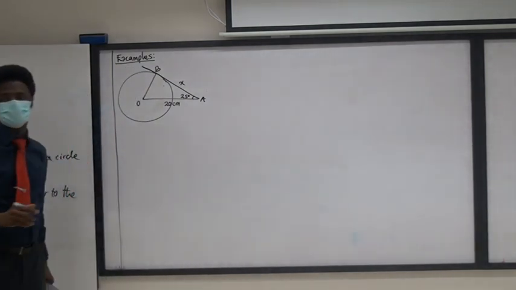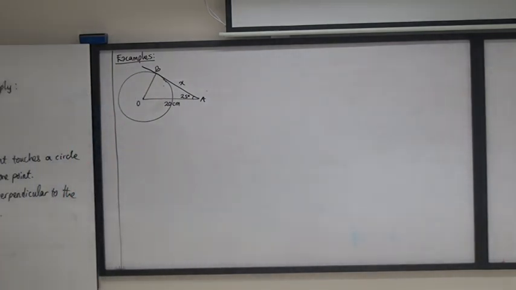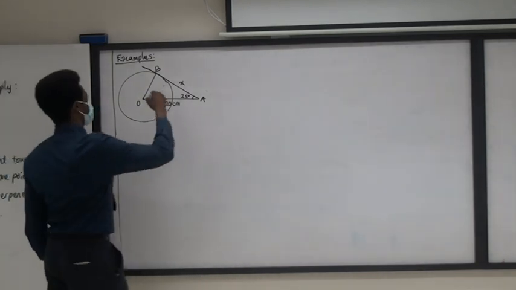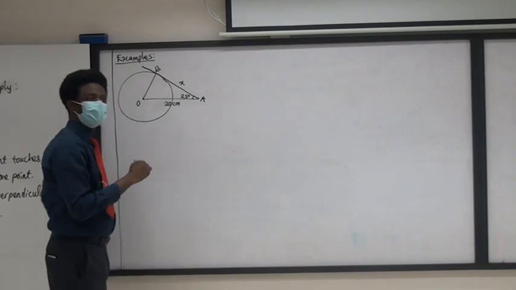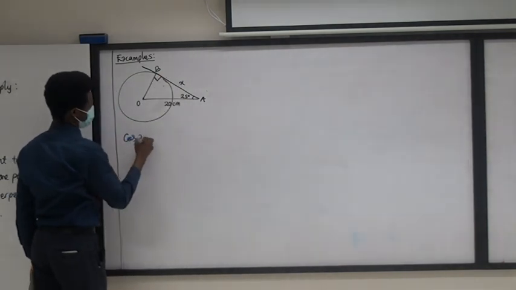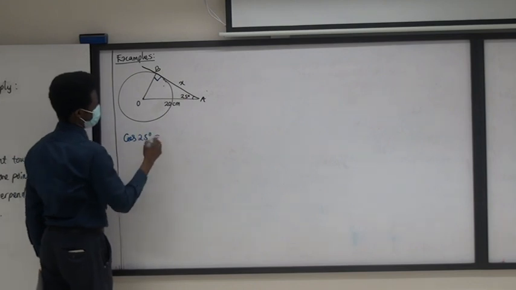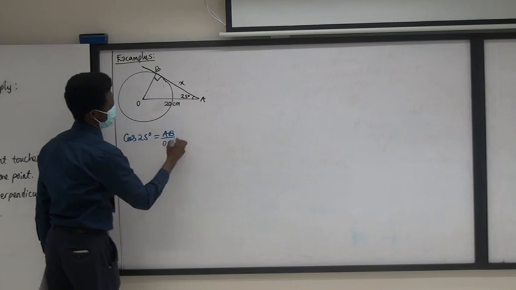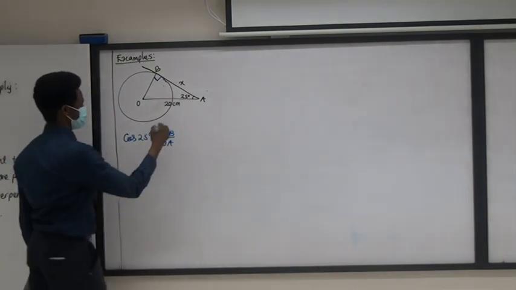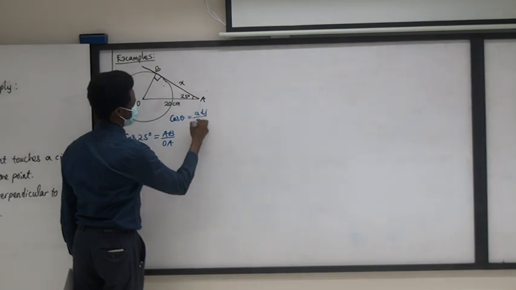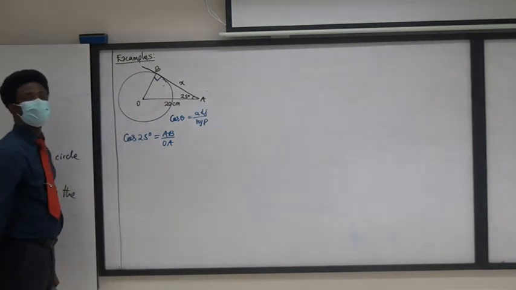SOHCAHTOA. Which of these trig ratios do we use? Raise your hand if you know. Yes, Thomas. Cos. John, do you agree with him? Okay. So because we know this is perpendicular, we say cos 25 degrees is equal to adjacent over hypotenuse. You may begin by saying cos theta is equal to adjacent over hypotenuse. Then I substitute.